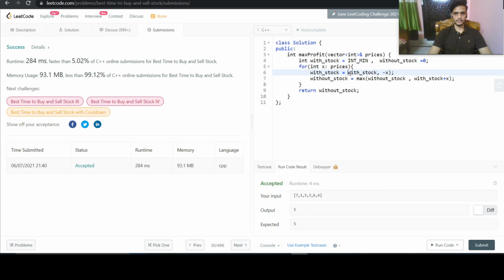We can put a condition here. We can use the ternary operator basically. So we can just compare whichever one is greater, then assign it.